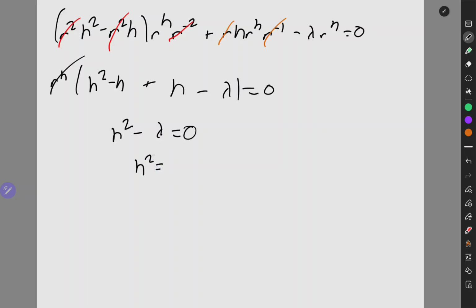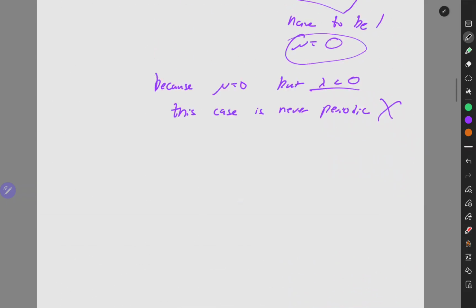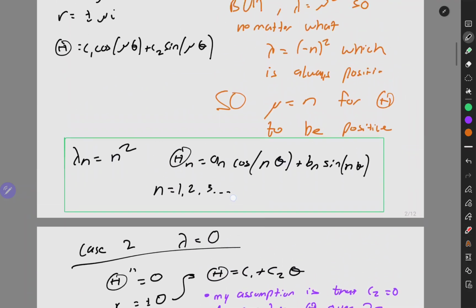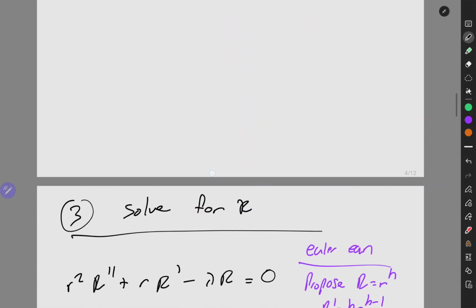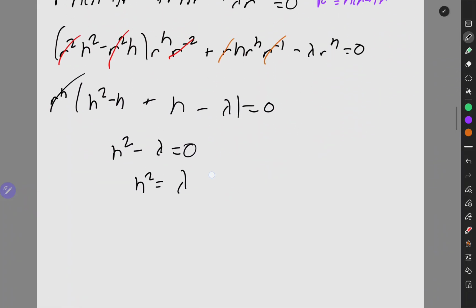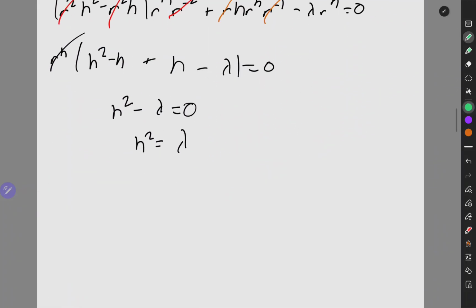So we have two cases for lambda, right? We had the n squared case. So let's look at this again.